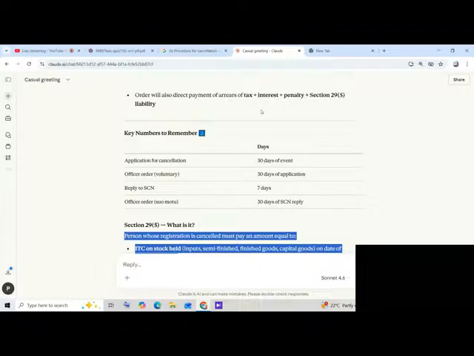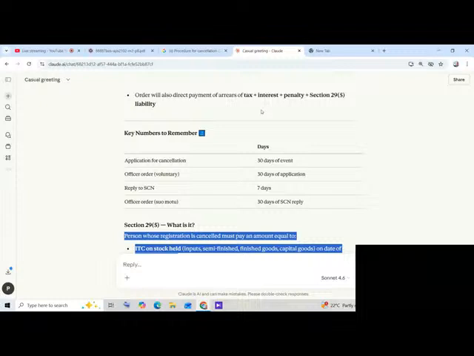interest. So the exception to reply to the SCN is if he files all pending returns.